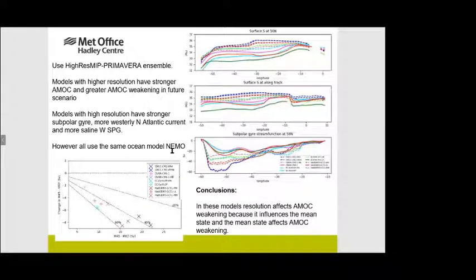So there could well be differences in different ocean models, different structural ocean models. Though I think it's more likely that the relationship between the mean state and the weakening is more robust than the influence between the resolution and the mean state.